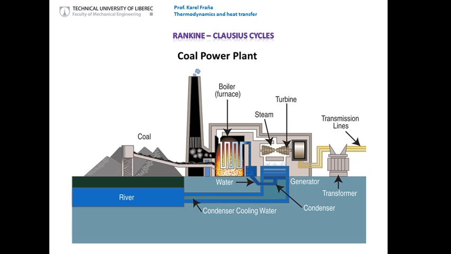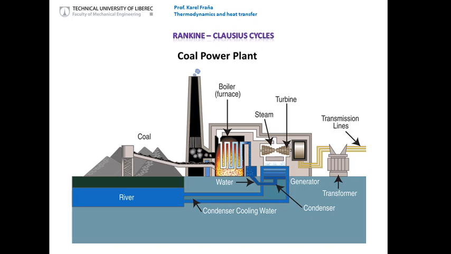And especially at the higher speed of the turbine, in the last stage of the turbine, these small drops of the steam can very fast destroy the surface of the blade, leading to cavitation.